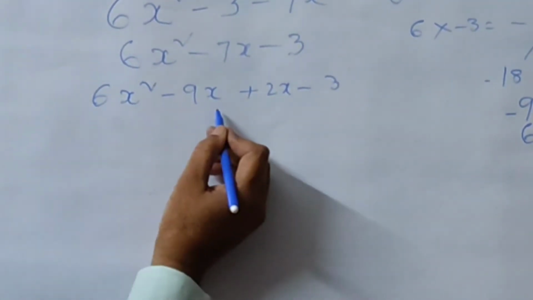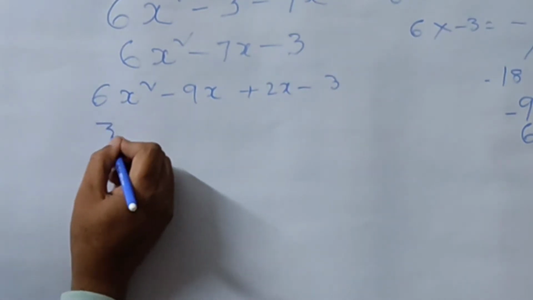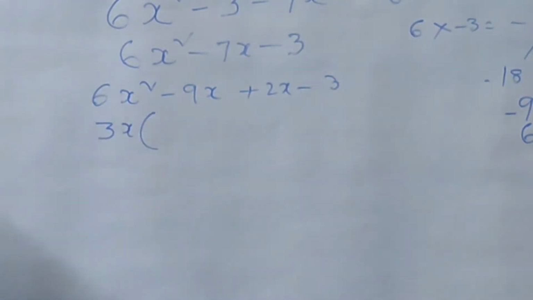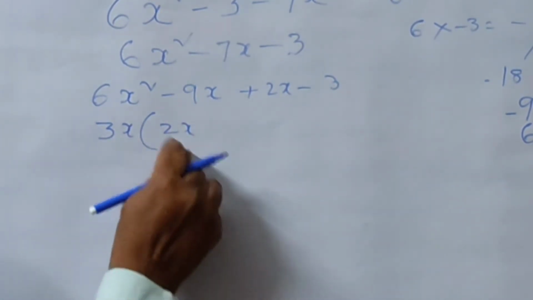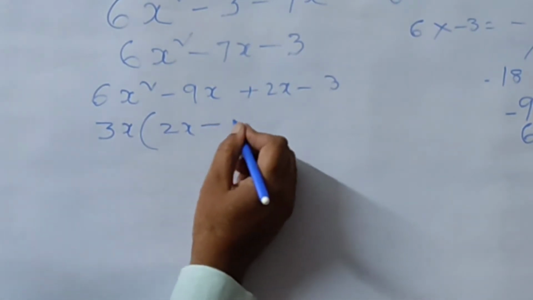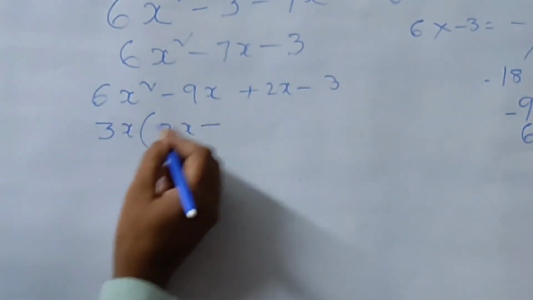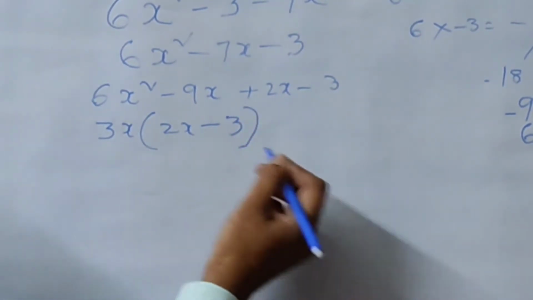Now in these two terms we have to take the common factor. Here 3 is common, so 3x. After taking 3x common, I have here 2x, because 3 into 2 is 6 and x into x is x square. Now the same minus, and divide 9x by 3x, you will get 3, that is 2x minus 3.